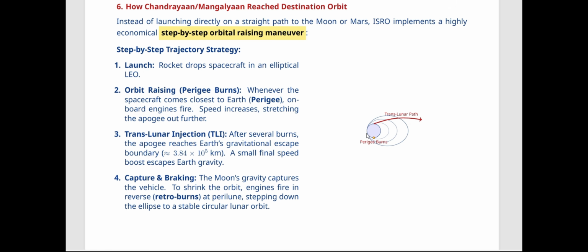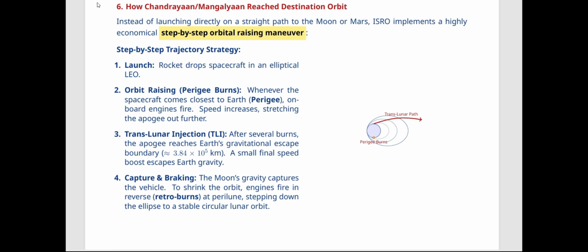When the engine fire is increased again, it enters another elliptical orbit. Like that, until escape velocity is crossed.